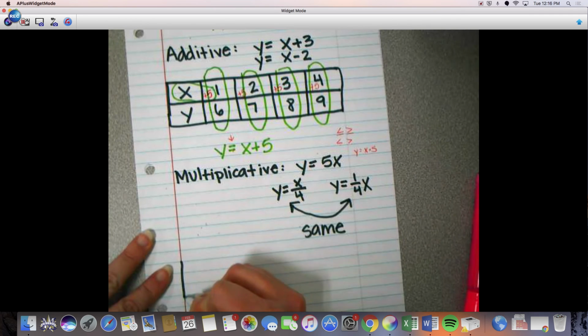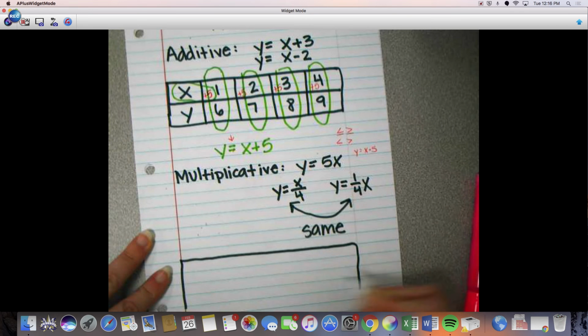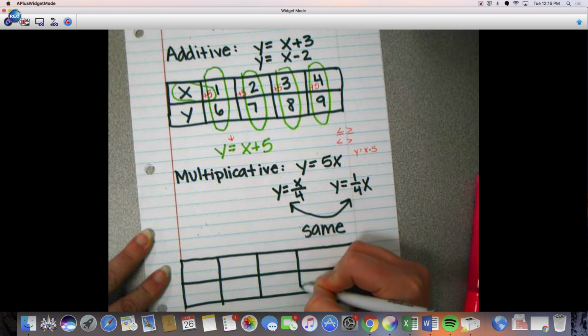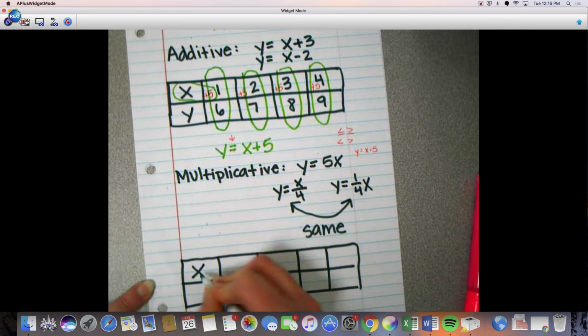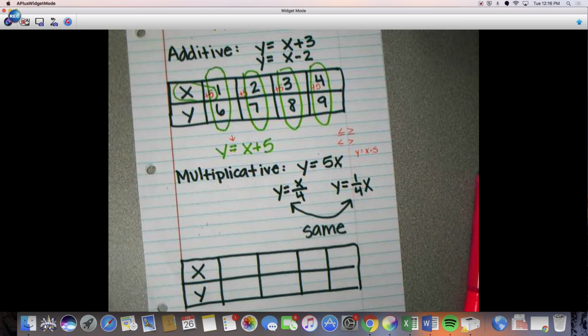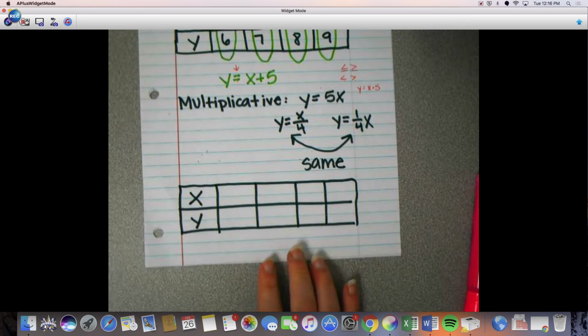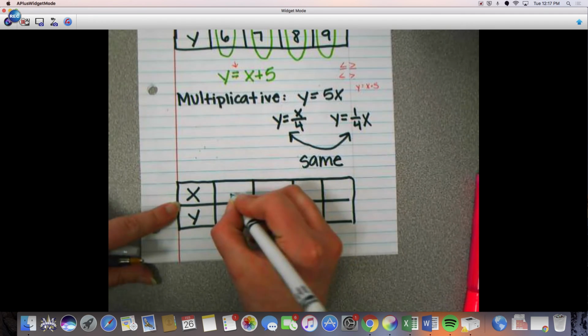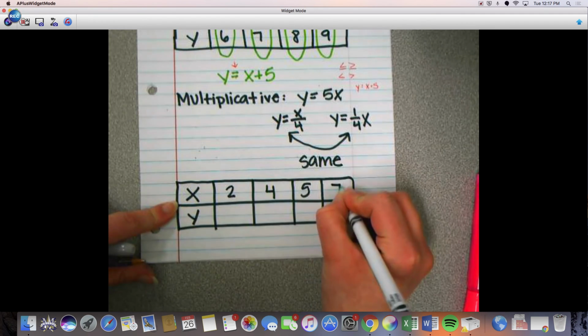Now let's draw a table so we can do an example. Draw your table the exact same way. Your x values for this one are 2, 4, 5, and 7.